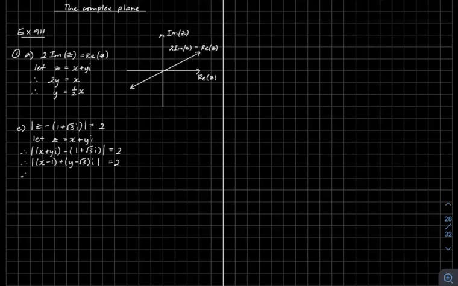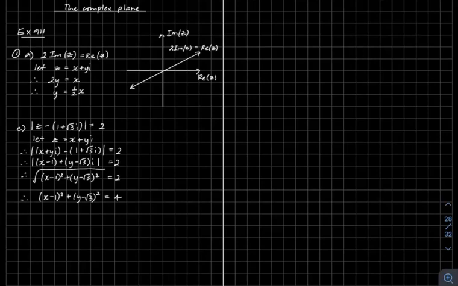And so we know the modulus is equal to the square root of the square of the real part plus the square of the imaginary part. So that's our rule, or our result, for finding modulus. And if we square both sides, that gets rid of the square root on the left-hand side.